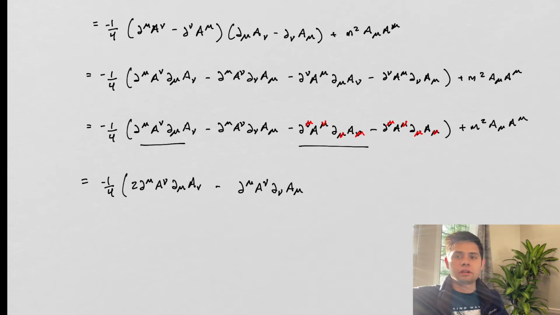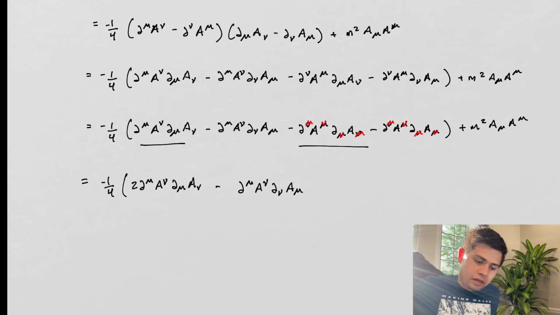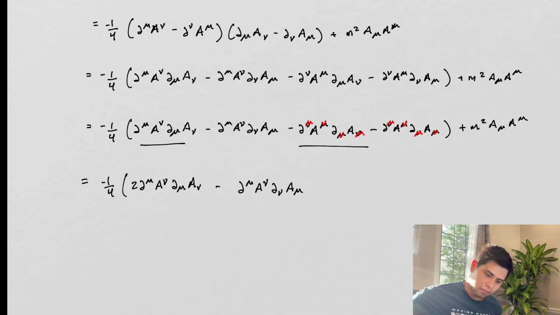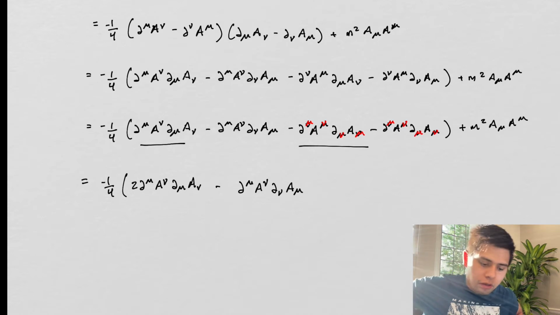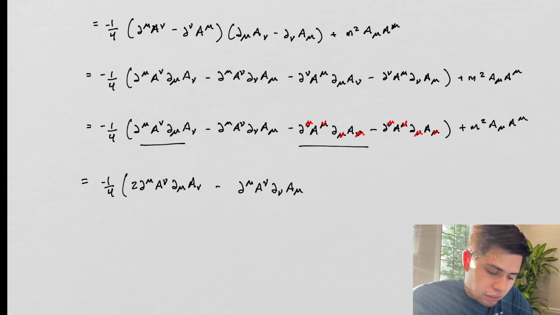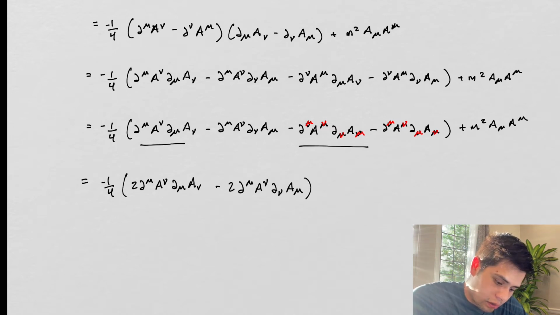Because when we switch over the dummy indices again, we have to take into account, so I'm just taking my jacket off here. We have to take into account the changes in the space-time index. Right, and there's going to be a 2 right there, plus m squared A mu.